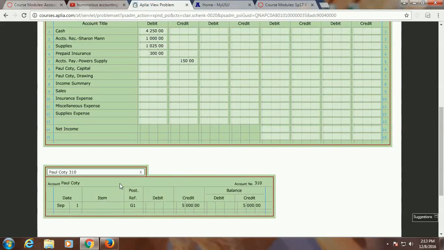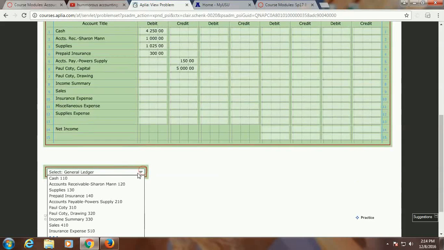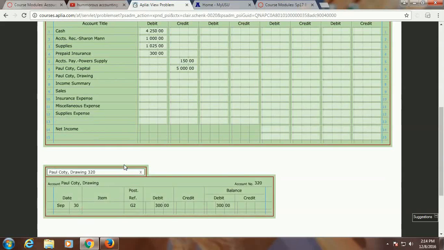Paul Cody's capital. Looks like there's not really any math, so it's still $5,000 as a credit to Paul Cody's capital in the credit column. The drawing account is next, Paul Cody's drawing. It looks like it's a debit of $300, so I'm going to put a debit on the worksheet for $300 for the drawing account.